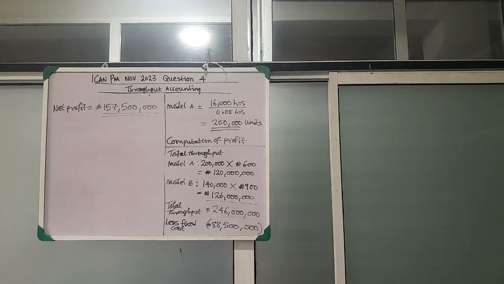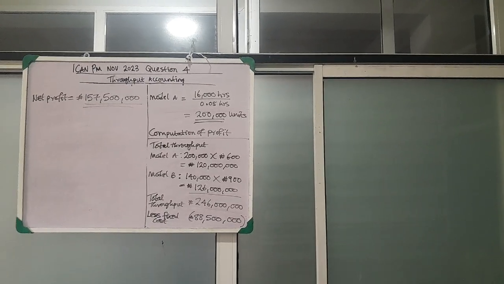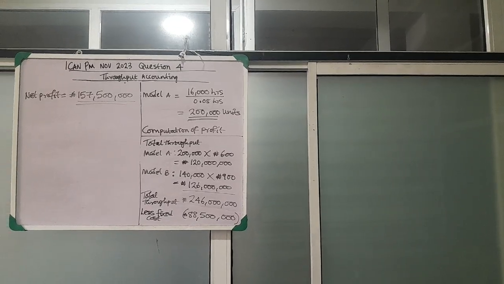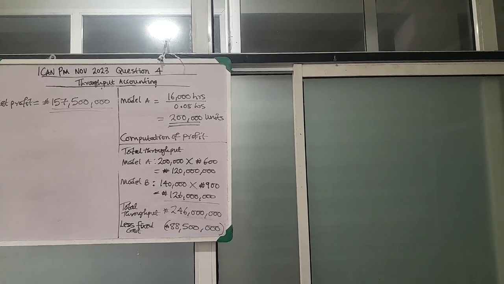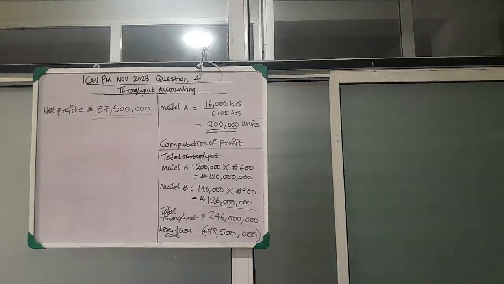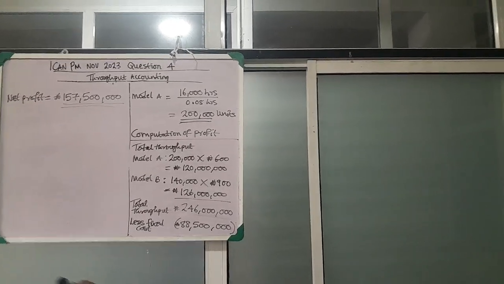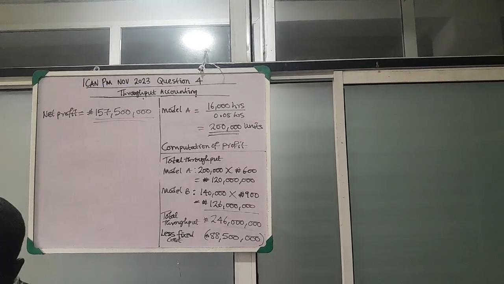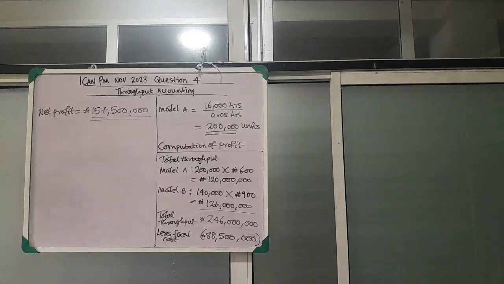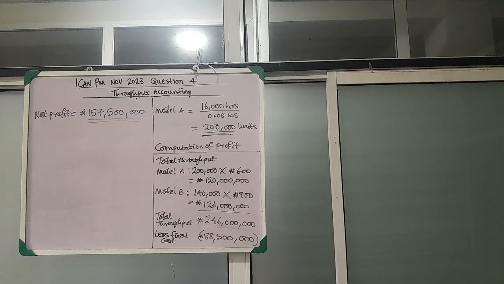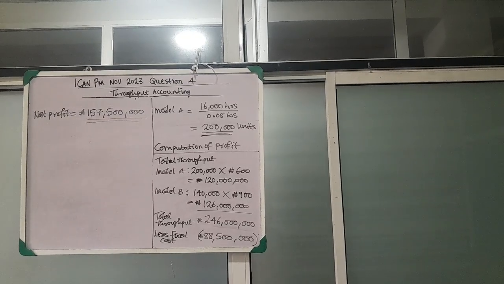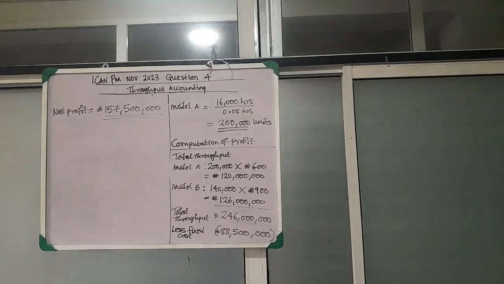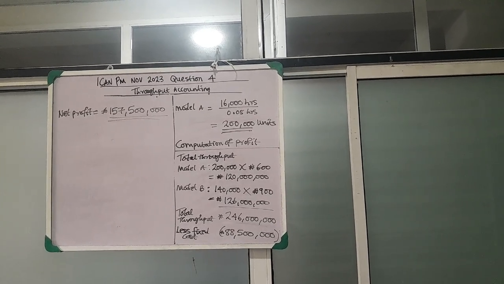But under throughput accounting, the cost of all materials purchased in the period is deducted from sales revenue of that period, regardless of whether the finished goods have been sold or are still in inventory. So they don't care whether they have sold it or not, it is deducted. So this discourages inventory building because it reduces the reported throughput. So this is the second way that makes it different from marginal costing. So this is what has been asked in the question.